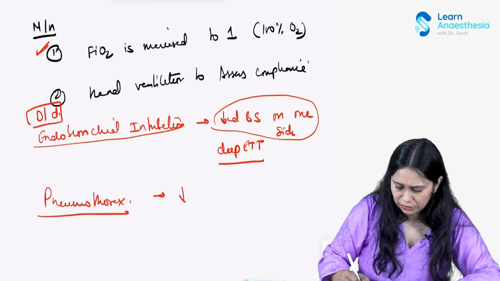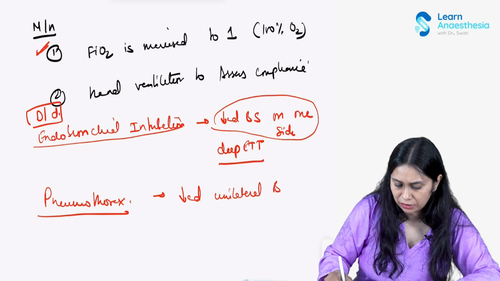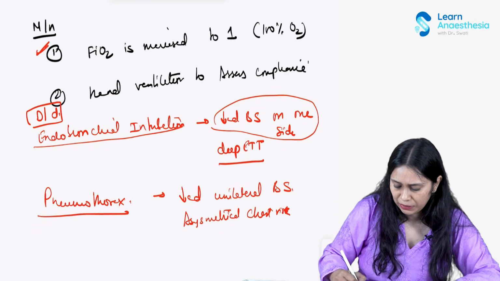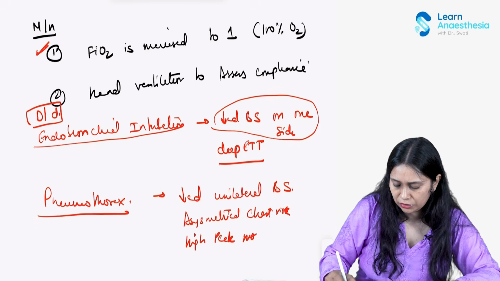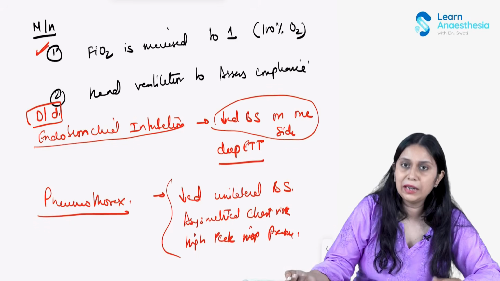So decreased unilateral breath sound, asymmetrical chest rise, high peak inspiratory pressure, and we need to correlate it with the clinical scenario which has led to this.